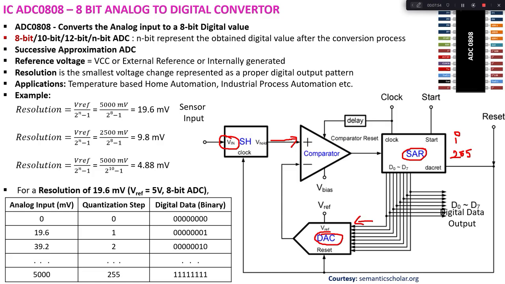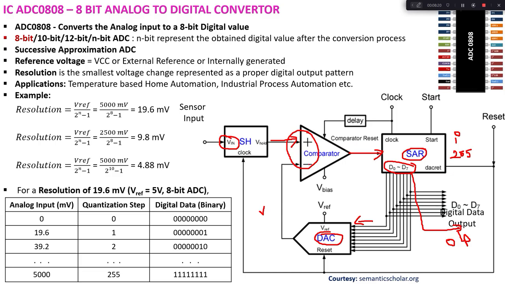This DAC will generate a voltage, and this voltage will be compared with this input voltage. Whenever there is a match, the comparator will generate a signal and the corresponding bit pattern D0 to D7 will come as an output. So that is how this successive approximation ADC is going to work.